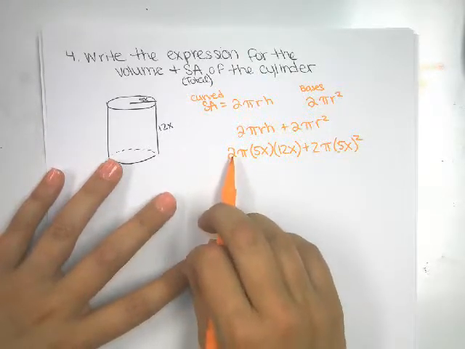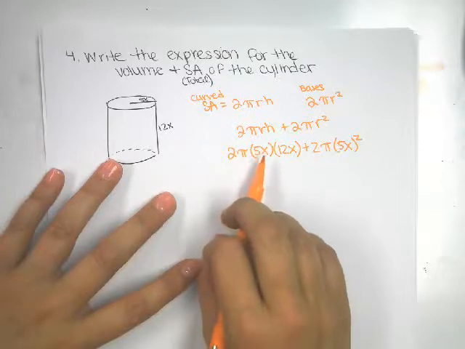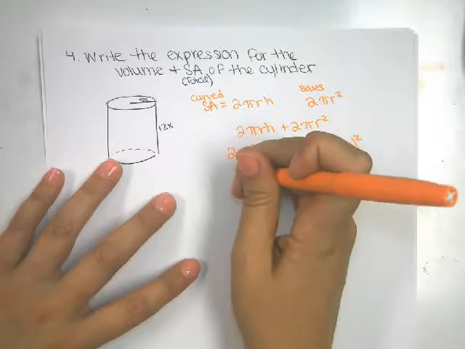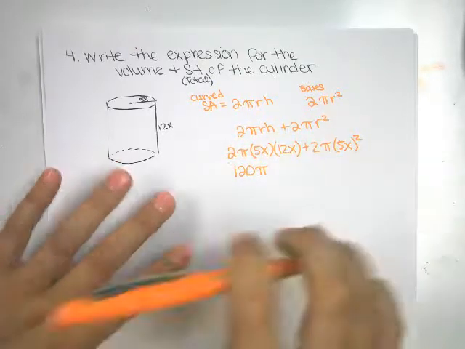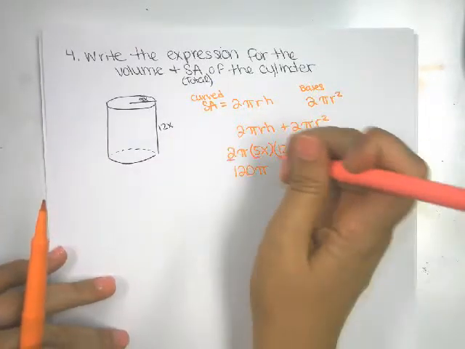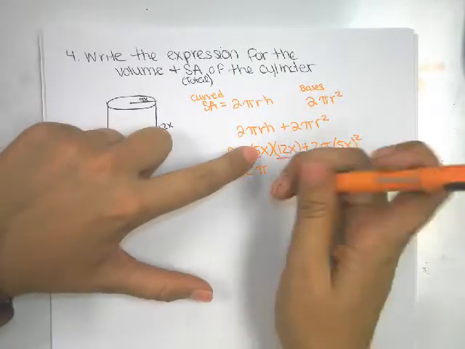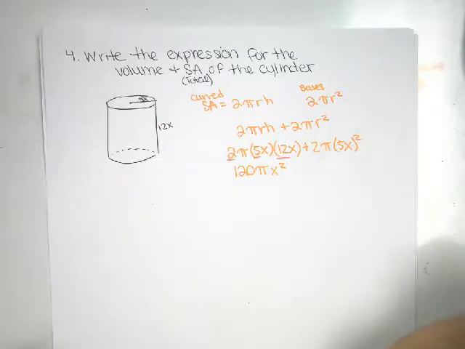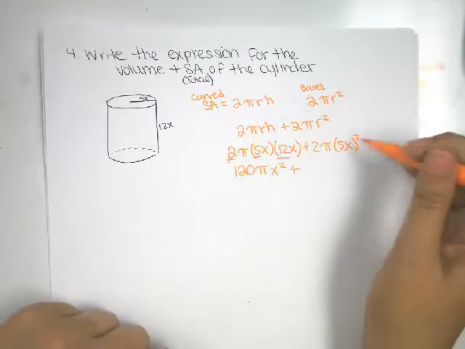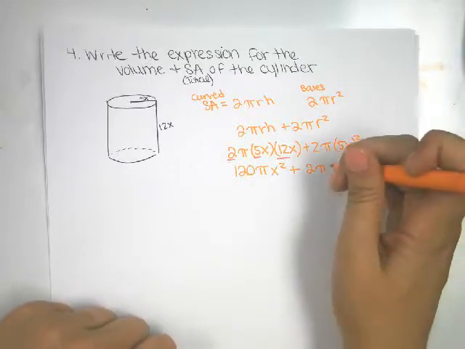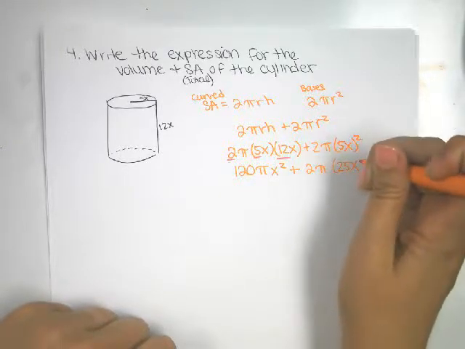So we can multiply the 2 times the 5 times the 12 to give us 120. Then we have the pi, and x times x is x squared. Plus, when we do 5x squared, 5x times 5x is 25x squared.